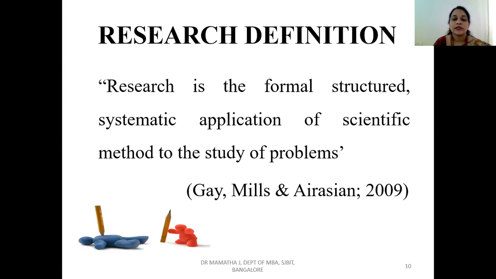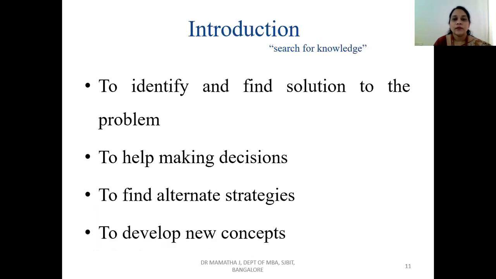You have to use scientific methods to study and analyze the problem so that you get the solution to it. When you do this to solve a business problem, this research is called business research. This is a famous definition given by Zikmund and others in 2009. Then, just to introduce you to the subject.